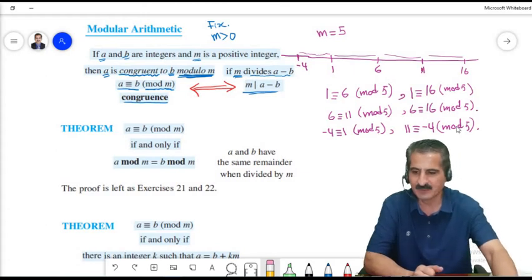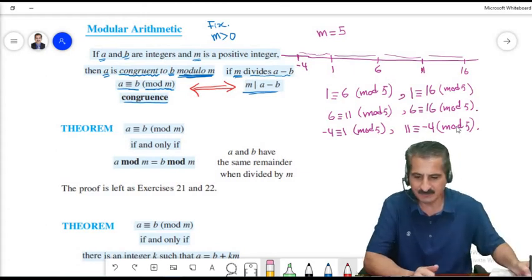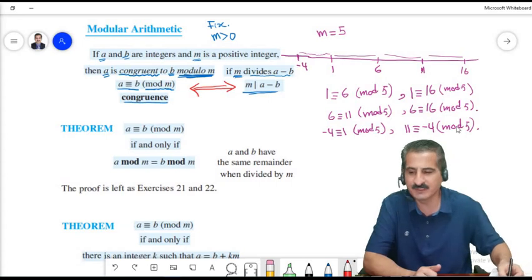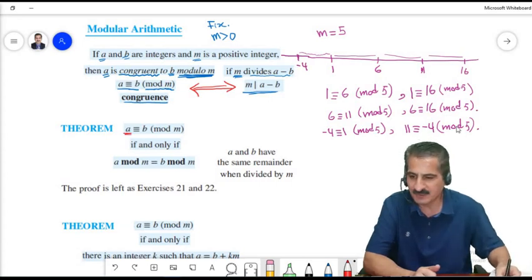Okay. Now this theorem here gives us a way to recognize whether two integers a and b are congruent modulo m. This says if and only if the following happens. A boldface modulo m is the same as b boldface modulo m. But remember, what does that mean? It means the remainder.